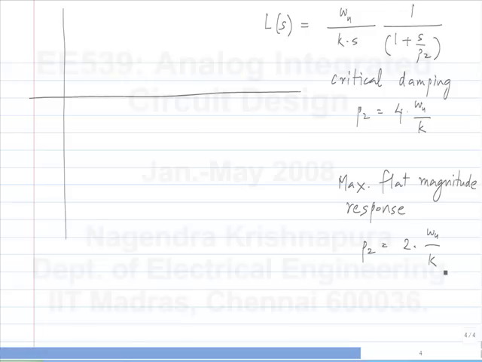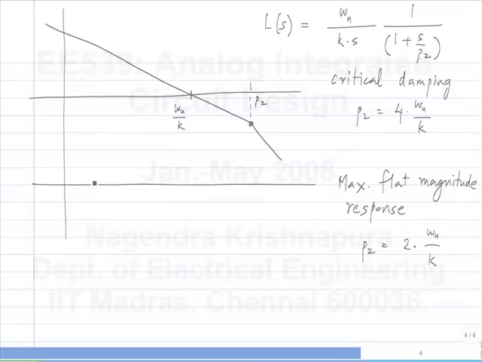Now, a similar thing, the effect of the parasitic pole can also be expressed by looking at the phase of the response. So this is omega u by k, and this is P2. Now this is the magnitude of the loop gain. So maybe I should write.